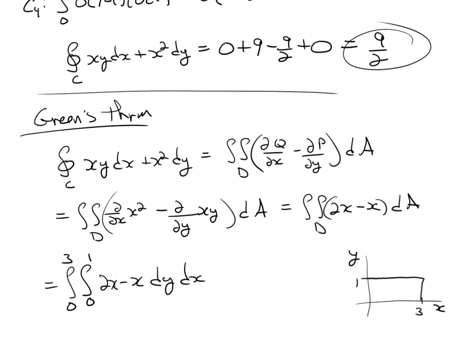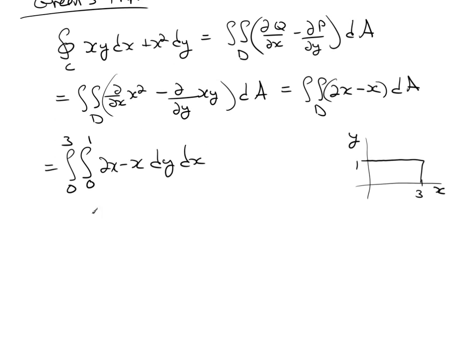So let me scoot down a little bit more. So this is going to be, like I normally do, kind of break up this one piece I'm going to be working with. Clearly, this is just going to be 2x minus x, because there are no y's here. So I'm going to put a y in each of them, evaluate from 0 to 1, so it's just 2x minus x.